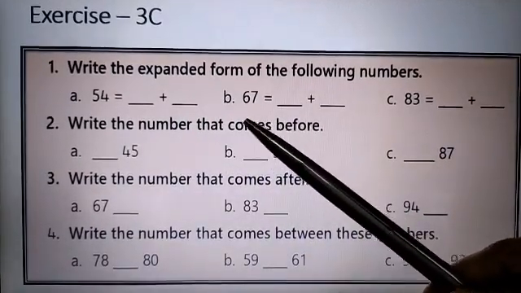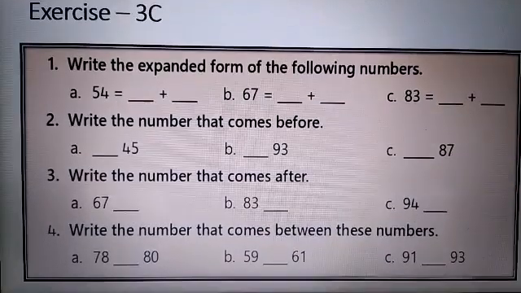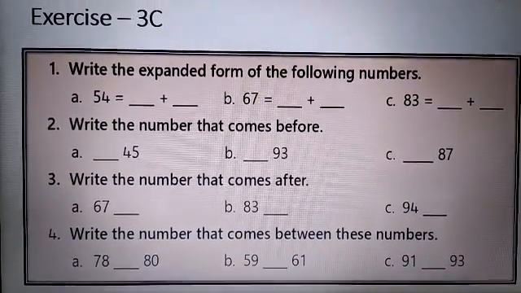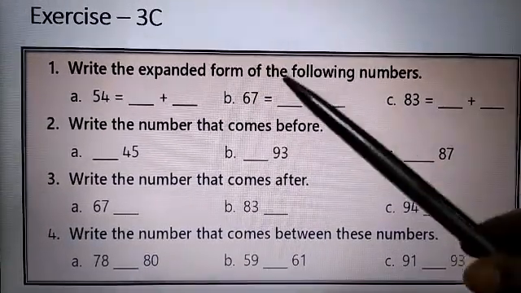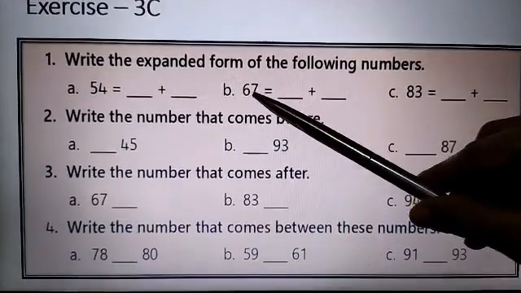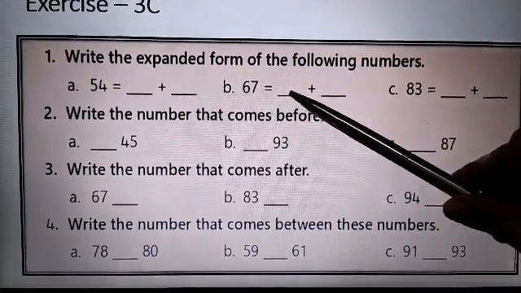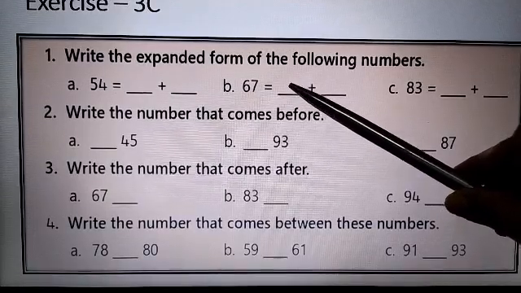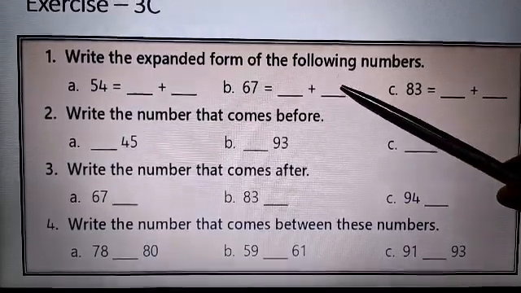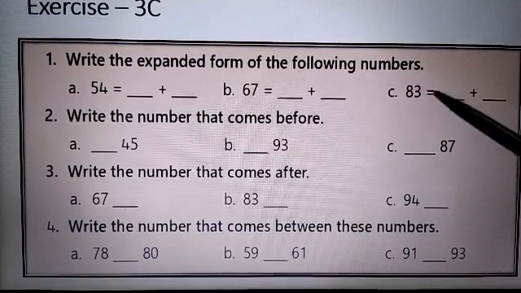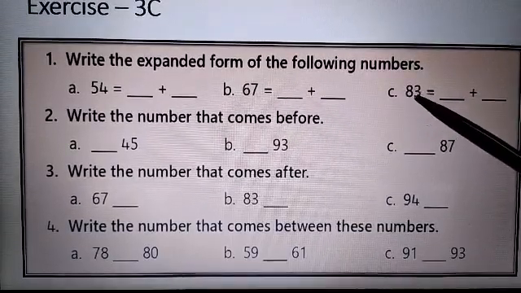Next, 67. How will you expand it? Tell me. Yes, first 6 is on the tens place. So what will you write here? 60, and 7 over here. Yes. Next, 83.